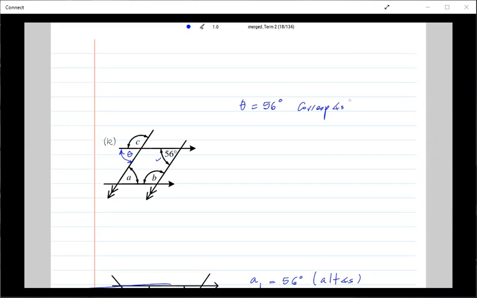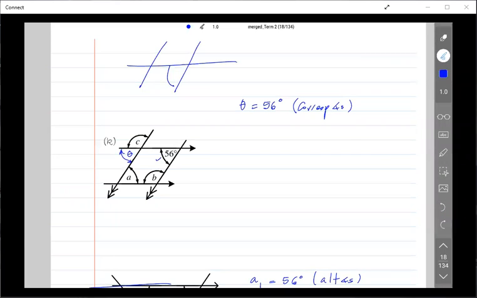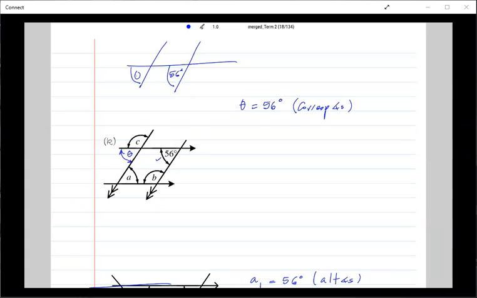Remember, when parallel lines are cut by a transversal, the angles around each intersection are equal and they are called corresponding angles. So here I have my parallel lines. This is my transversal. If this angle here is 56, this angle here is also 56.